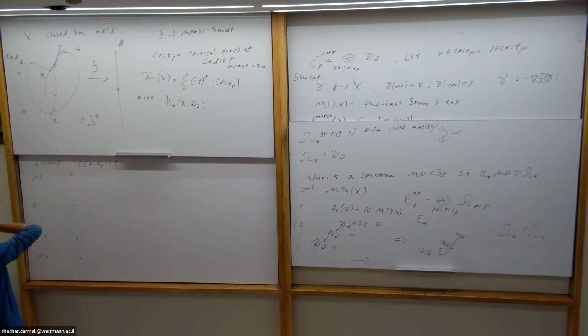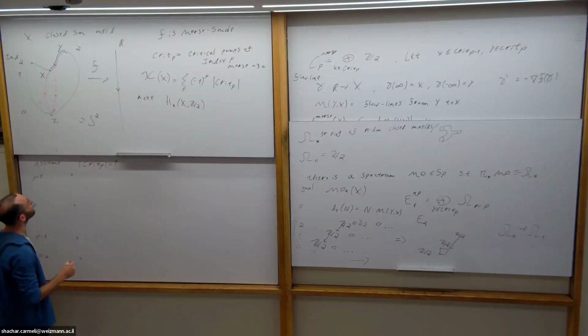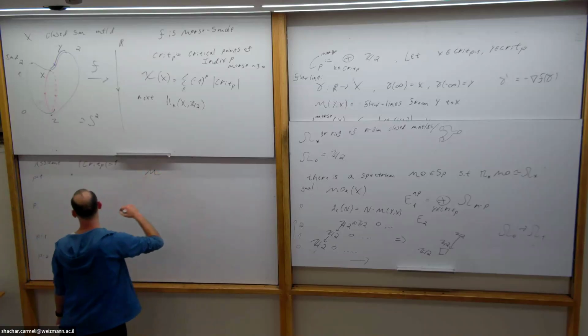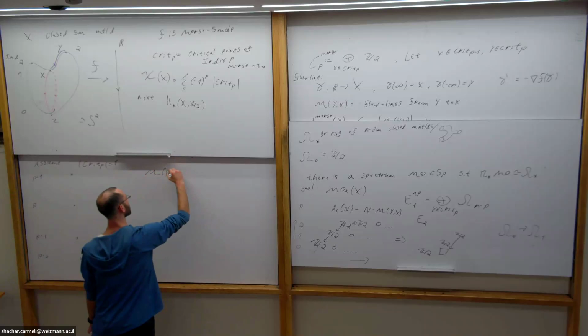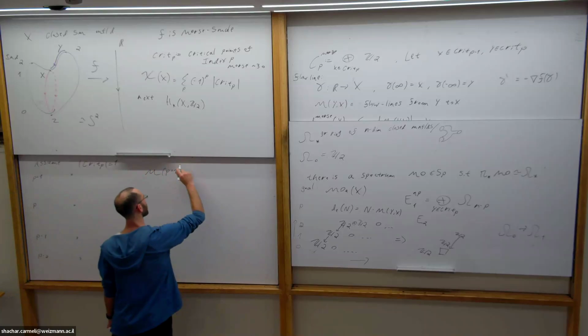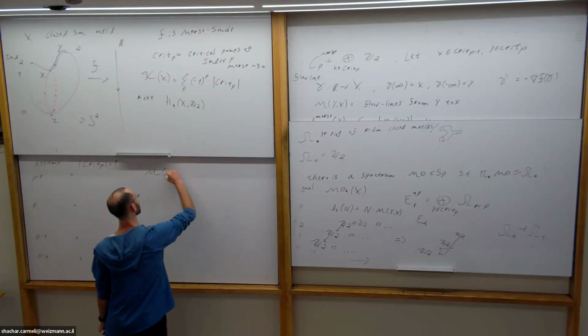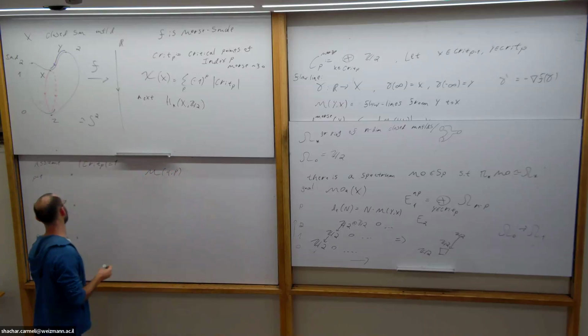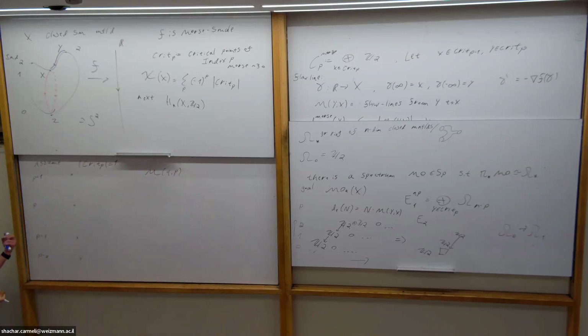You can maybe see in this picture, or just believe me, that in general the moduli space of flow manifolds between two critical points which are not consecutive is not a closed manifold, it's not even a compact manifold, and the boundary of flowing from, for example, p plus 1 to p minus 1 is given by what we call the broken flow lines.